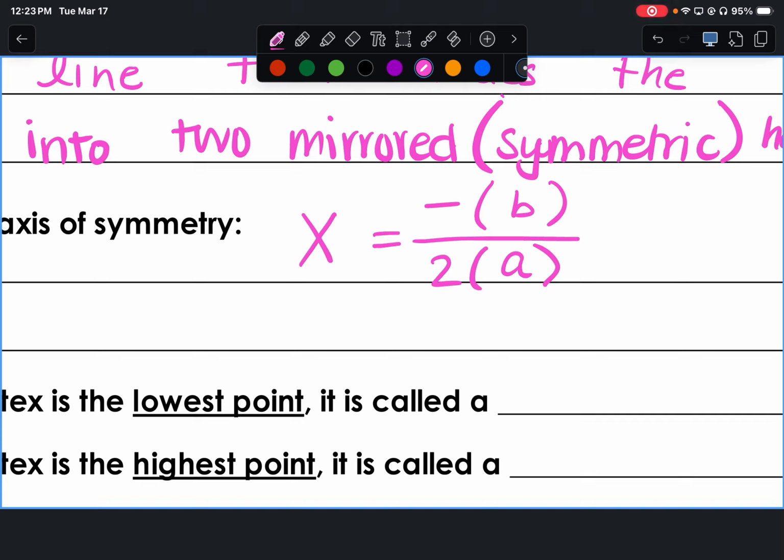The reason for that is if you do not put your parentheses and then you try to type it into a calculator, it could be wrong, depending on the problem, because the calculator won't read it correctly. We have to use parentheses when we're plugging in, especially if you want to use your calculator. So this is essentially just the opposite sign of b over double a, okay?